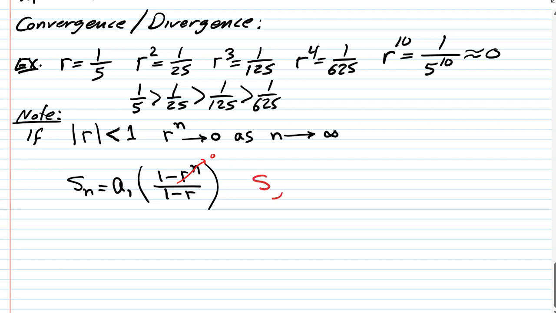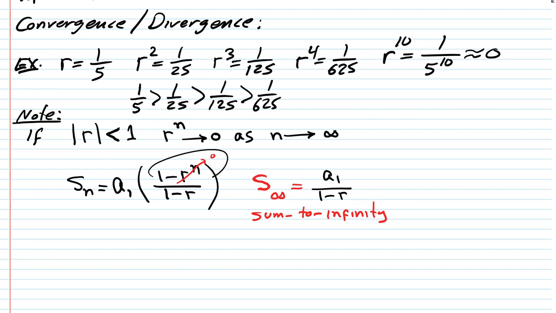Therefore, S, and I'm going to change n with infinity now because it's a limiting process, as n approaches infinity, the sum to infinity is what we call this, can be written and exist as a1 over 1 minus r. Because in the numerator, we just have 1, right? a1 multiplies by it. And look at how simple this formula is. Actually easier than the formula for the nth partial sum itself.